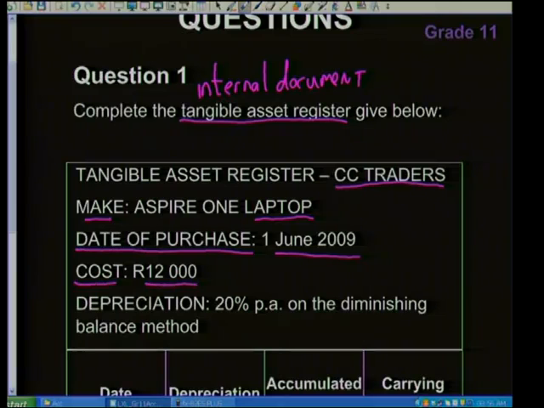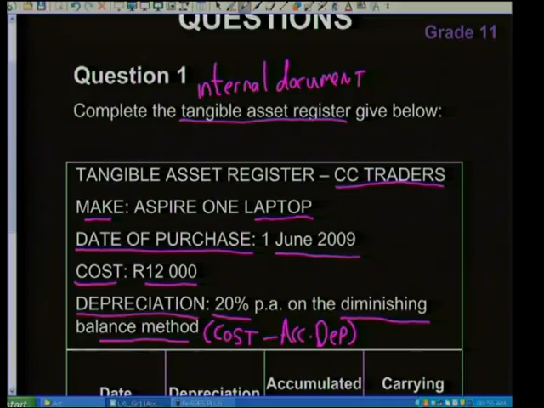And then we've got depreciation, which is given to us at 20% per annum on the diminishing balance method. So immediately, diminishing balance method, I'm going to remind myself that when I do the depreciation calculation, this will include taking into account the cost price minus accumulated depreciation.